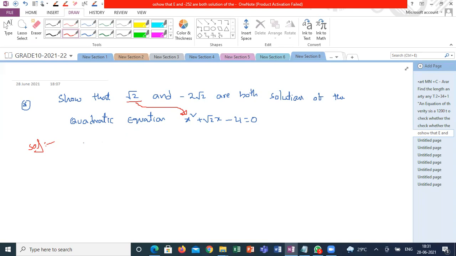So what do I have to do here? This question looks very simple, but how to write it? The given equation is, first write the given data: x square plus root 2x minus 4 is equal to 0. Next is a conclusion statement of how you are going to solve this question.